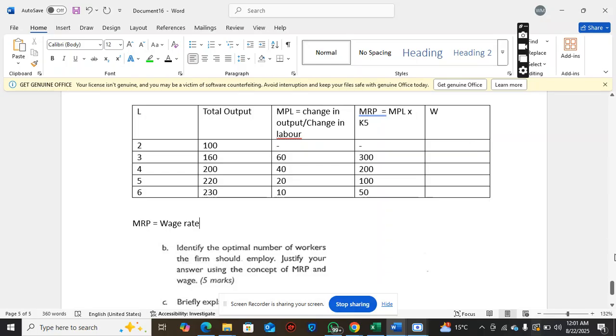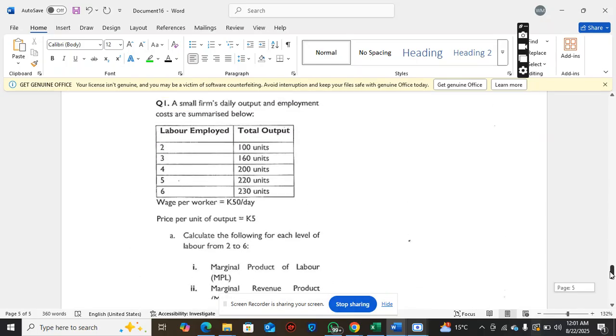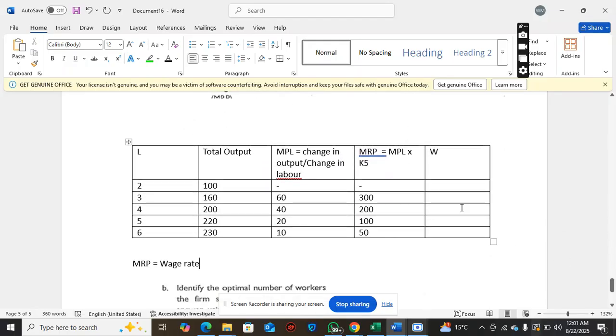Remember the wage rate here is 50 kwacha per day. So we're going to compare the marginal revenue product with it, and look for the point where marginal revenue product equals the wage rate.